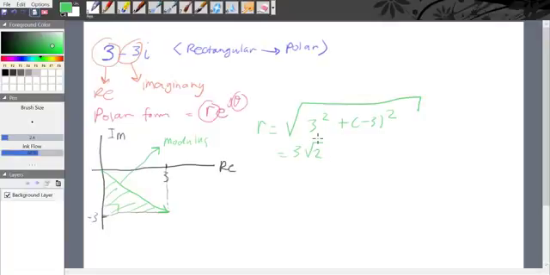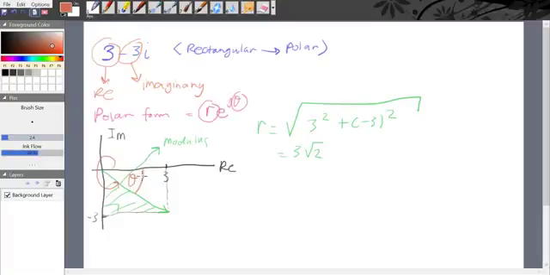What we need next is the argument. The argument is simply the angle theta over here. We could find theta using this larger angle, but in most cases we use the smaller angle.